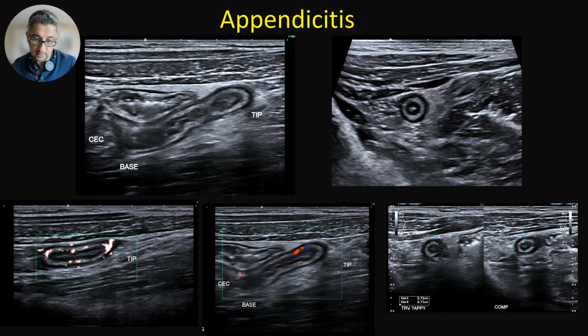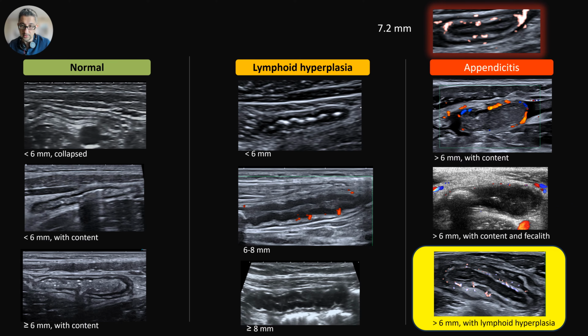In this one it looks normal vascularity, but in this one it looks hyperemia. There is no compression of the appendix, so this is in keeping with an appendicitis measuring over 6 millimeters and with lymphoid hyperplasia.